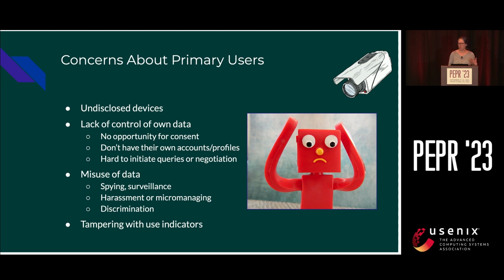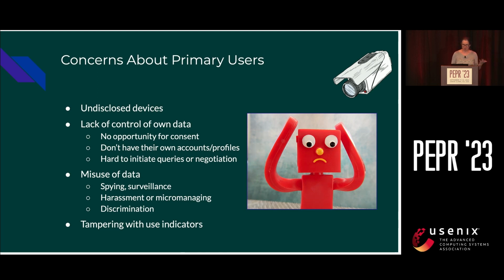By far, the main source of concern for potential privacy threats seems to be related to primary device users, including undisclosed devices, either purposefully hidden or just not mentioned. Bystanders lack control of their own data, since they have no opportunity for consent.